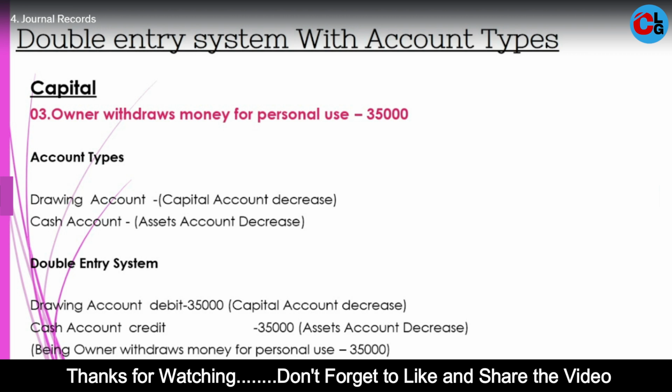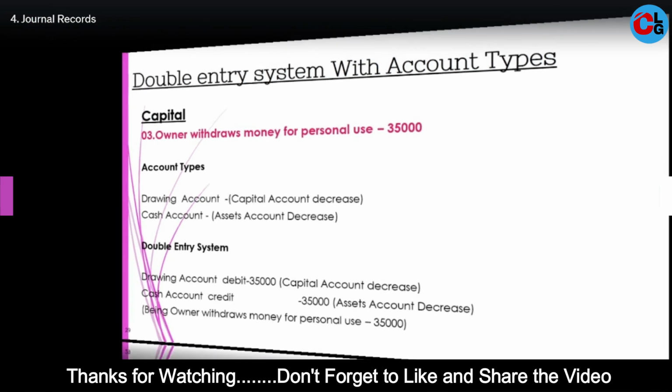So the impact you should understand first. First you need to understand what is an increase and what is a decrease, right? Then we have to enter the double entry. In the double entry, first we write the debit, then we write the credit. So the narration is being owner withdrew money for personal use 35,000.